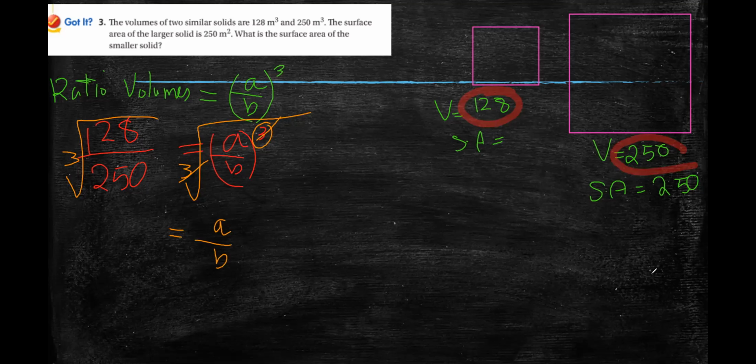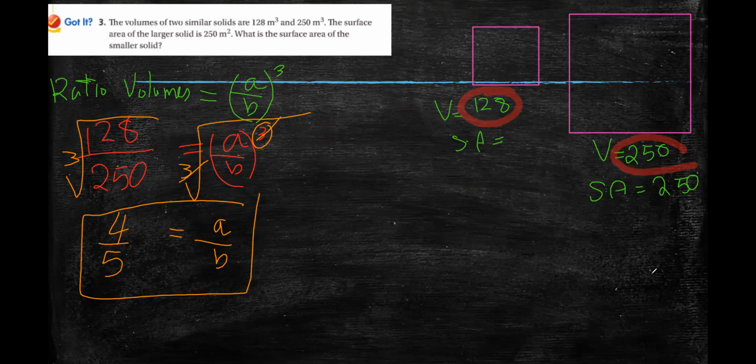The cube root of 64 is 4 and of 125 is 5. It will be 4 over 5. You can also do it on the calculator, 128 over 250, which is 4 over 5. So by this step, I find the scale factor.